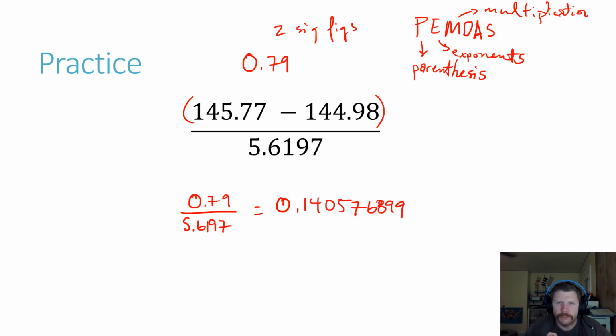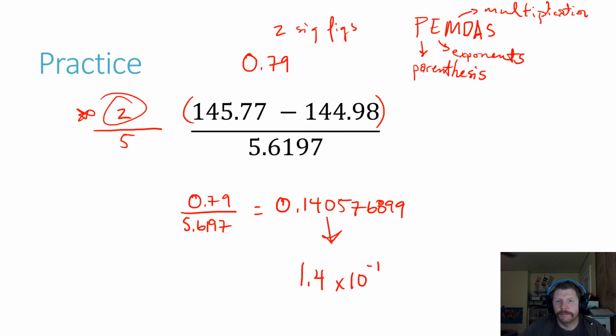Okay, now to come up with the right answer for this, we have 2 sig figs in the numerator, and a total of 5 in the denominator. Now that 5 doesn't matter. The 2 is what matters. So I'm going to round this to 1.4 times 10 to the minus 1. So that is the correct answer for this problem.